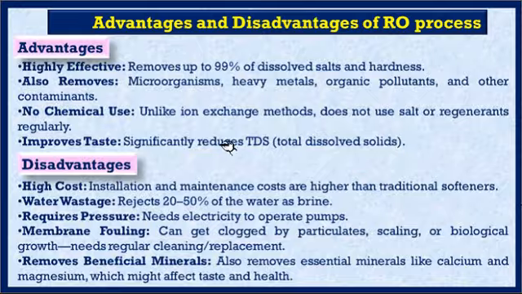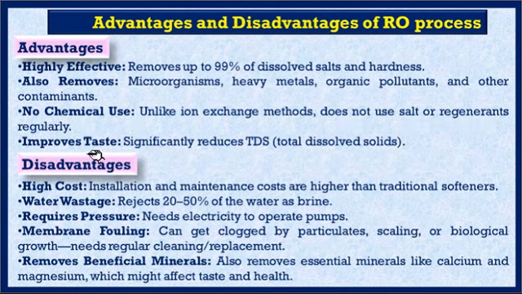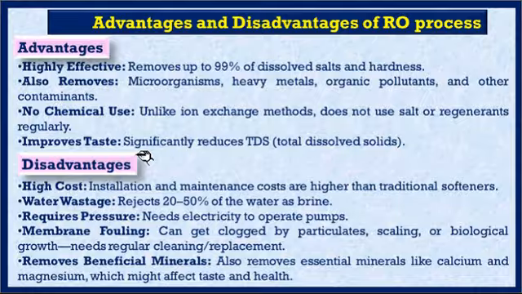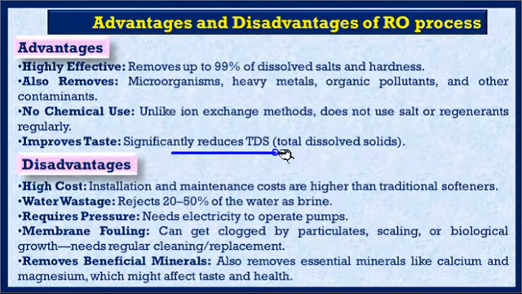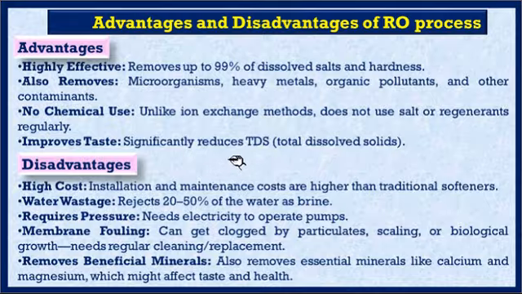Third main advantage is, unlike the ion exchange method and zeolite method, it does not use any salt or regenerator on a regular basis. Fourth advantage, it improves the taste. Why? Because it significantly reduces the total dissolved solids concentration in the water. That is why it improves the taste of the water.